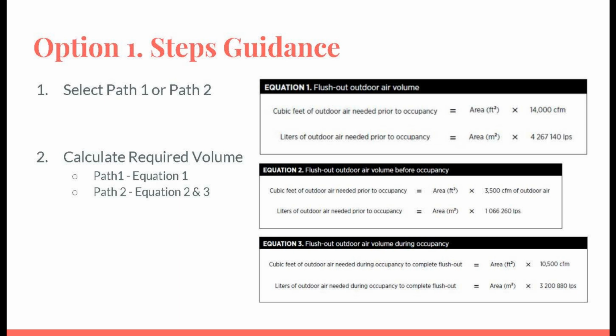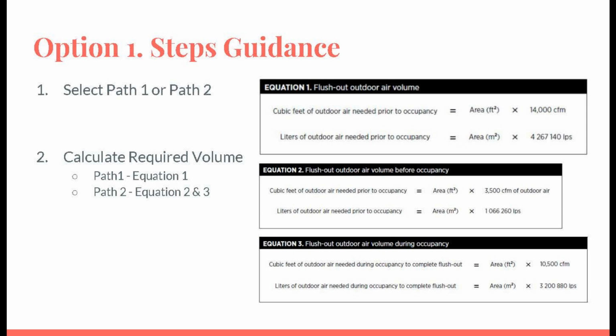If you are pursuing the path 1, please refer to the equation 1, flush out outdoor air volume. Use area times 14,000 cubic feet per minute, then you will get the cubic feet of outdoor air needed prior to occupancy. If you are pursuing path 2, please refer to equation 2, flush out outdoor air volume before occupancy, and equation 3, flush out outdoor air volume during occupancy.